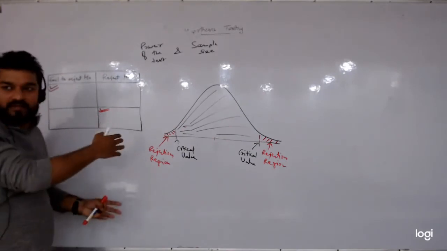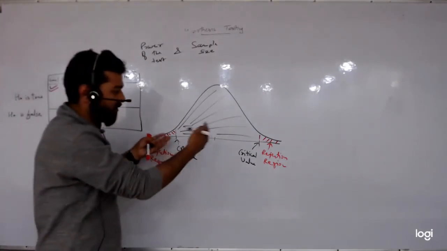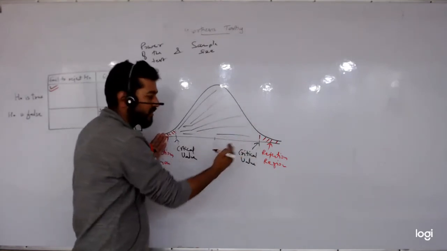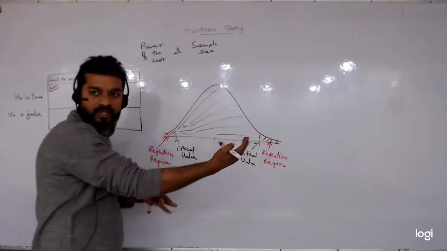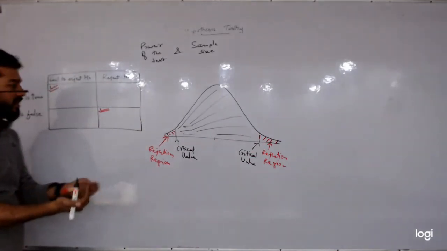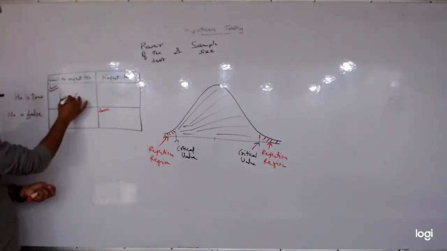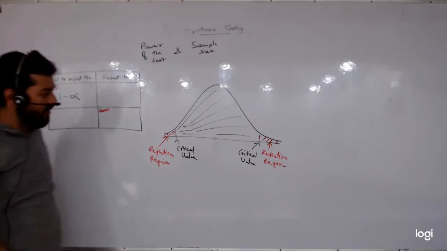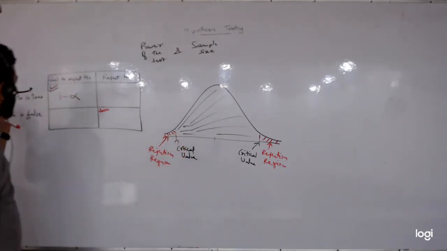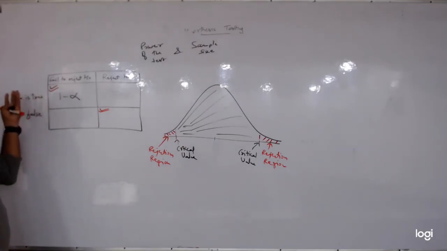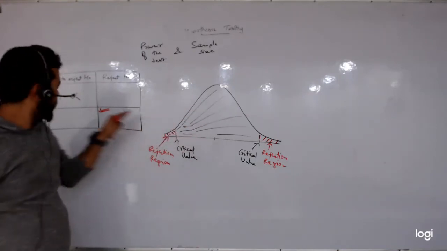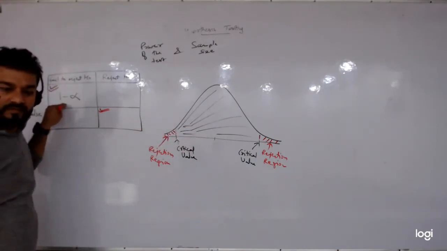It's 1 minus alpha, because the level of significance is alpha, and we said that should be the area under the curve to the extreme side, to the right of the critical value, to the left. So the remainder becomes 1 minus alpha. So the probability of failing to reject H naught when it's actually true is 1 minus alpha.